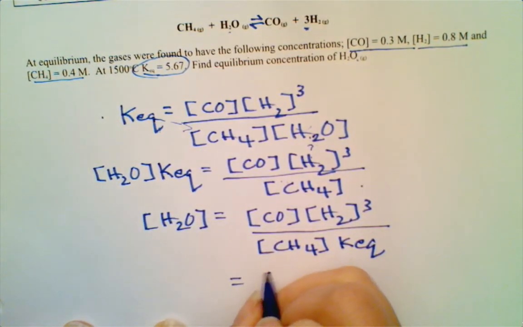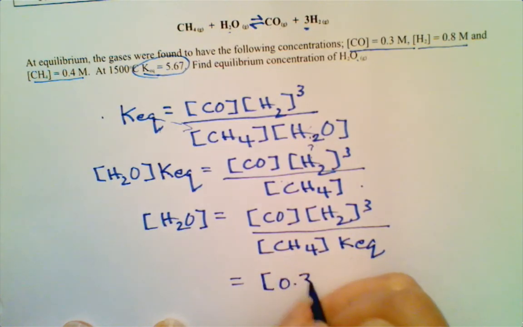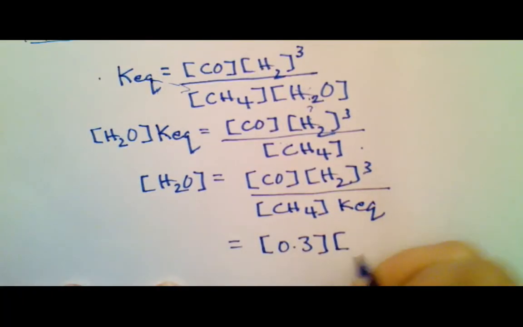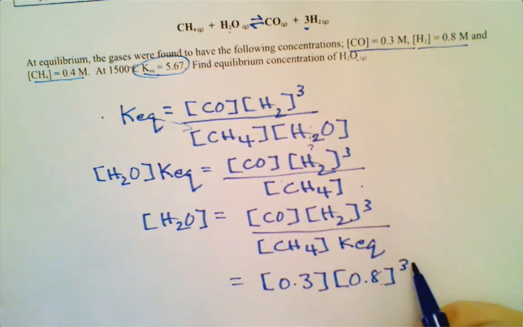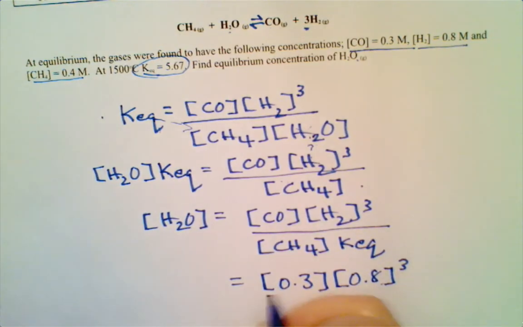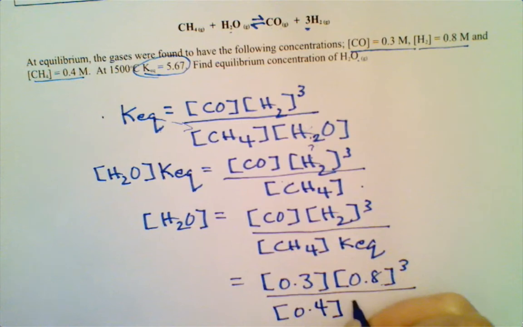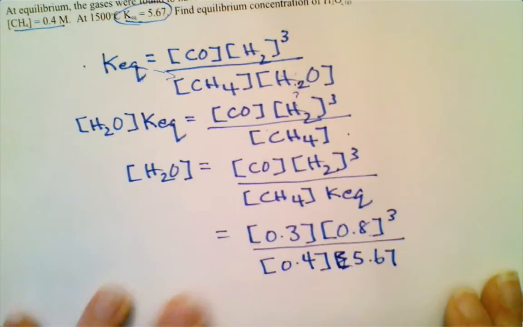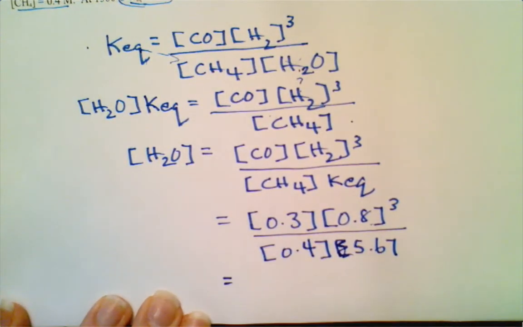So plug in the concentration for carbon monoxide, plug it in for your hydrogen, remembering your BEDMAS rules, you have to apply that exponent first. You're going to divide that by the concentration of methane multiplied by the KEQ. Oops, I shouldn't put it in square brackets because it's not a concentration.